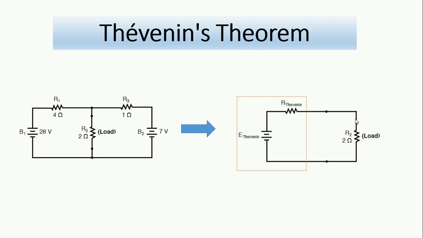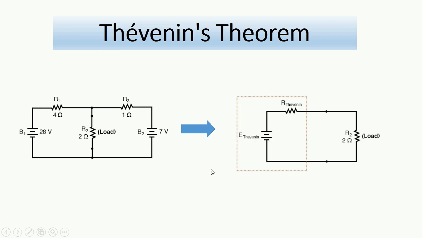Of course, if this circuit is ideal, then the R Thevenin, or the internal resistance, might also be 0. Then in this case the voltage across the load is exactly determined by the load itself, and it is always equal to the Thevenin voltage.